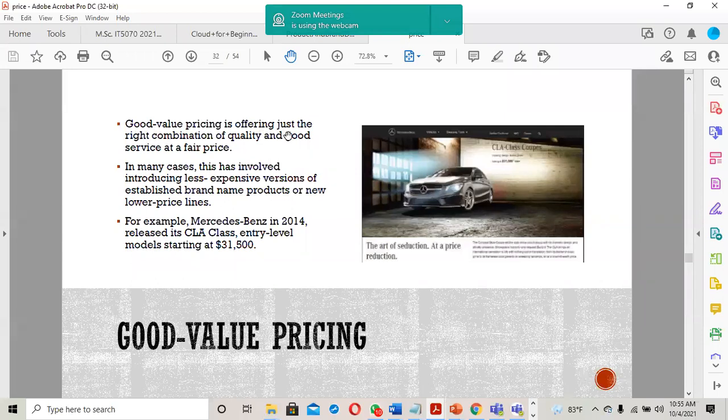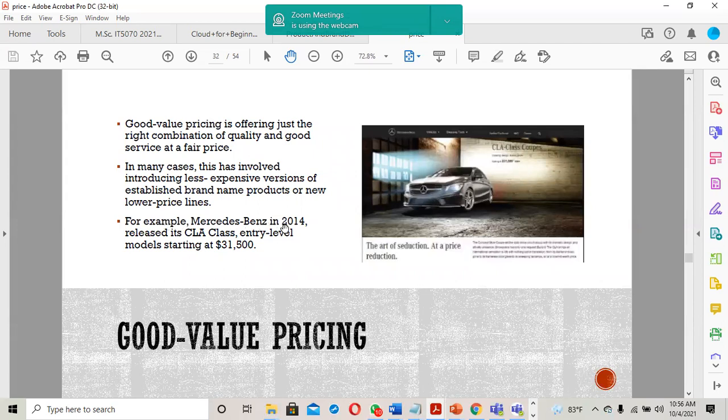So good value pricing is offering just the right combination of quality and good service at a fair price. Here it says the art of seduction at a price reduction. This is a low-end car of the Mercedes-Benz product line, the CLA class coupe.